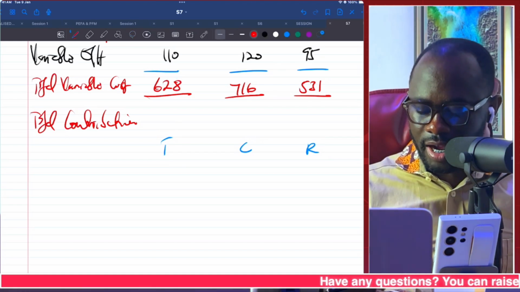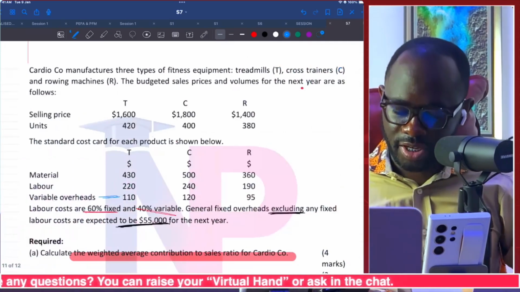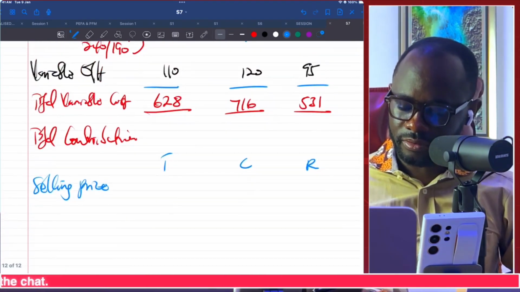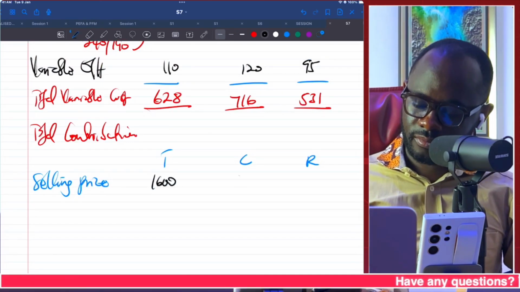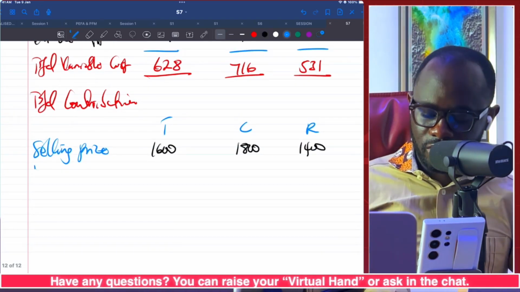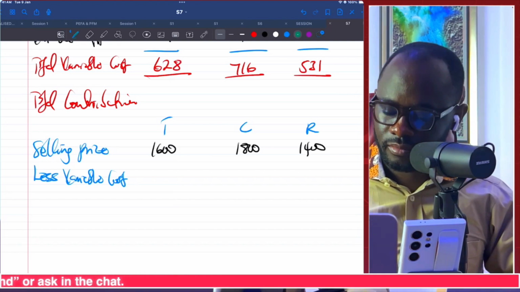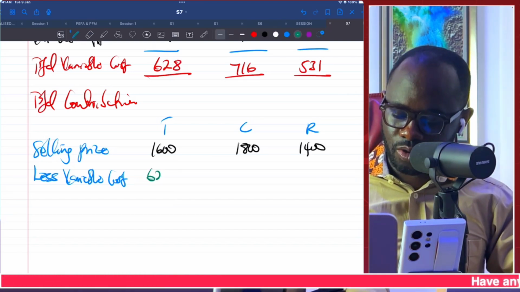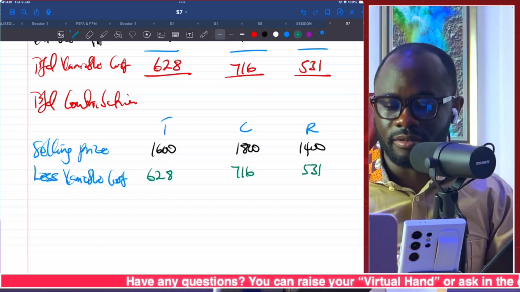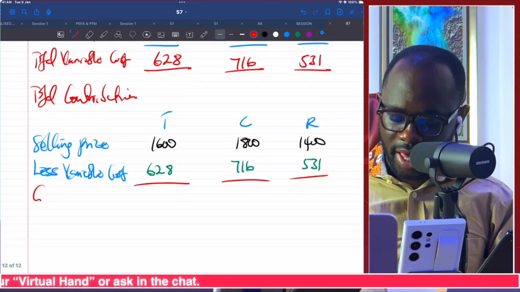So we bring the selling price per unit as given in the question, 1,006, 1,008, 1,004. Then we can less the variable cost we just calculated: $628, $716, $531. And that is going to give us the contribution per unit.